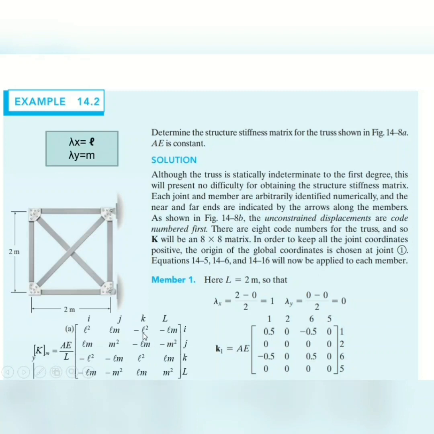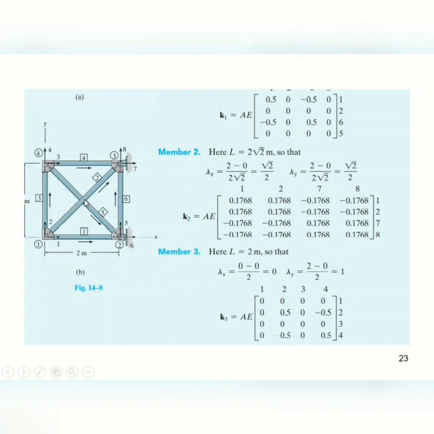Same as it is L square, 1 square, 1 divided by L, which is 2, and with the minus sign, so 0.5. The same equation we are applying here.